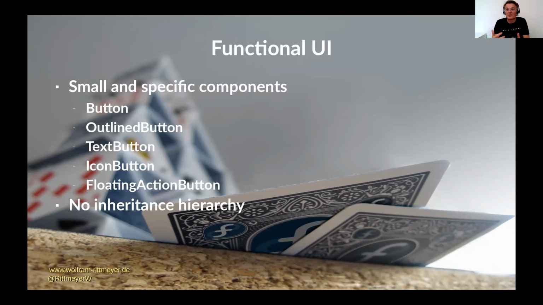And these are all functions, so there is no inheritance hierarchy. The button actually was a sample they have given at Google I/O again last year, because the button inherits from text view, which is really kind of weird what to do with the image button.